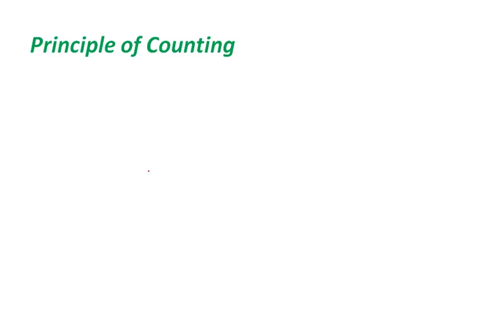Just for an example, suppose there are maybe three boys and two girls in your class. Now just listen to me very carefully. Three boys and two girls are there in your class. Now case one, suppose you have to choose a representative out of these students, right?